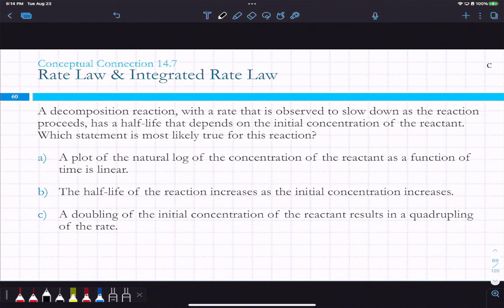A decomposition reaction with a rate that is observed to slow down as the reaction proceeds has a half-life that depends on the initial concentration of the reactant. Which statement is most likely true for this reaction? Why C?